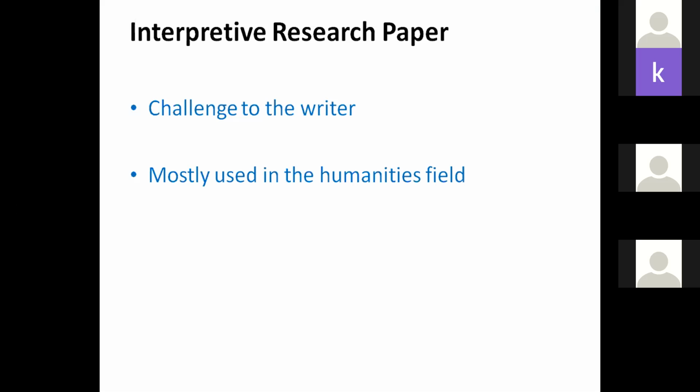As the name suggests, one must interpret the topic of choice, and this type of research paper is mostly used in the humanities field, where they interpret certain things. So generally this is not in the technical paper.